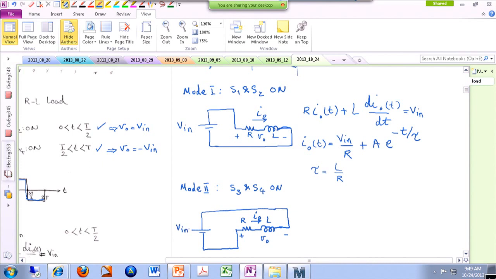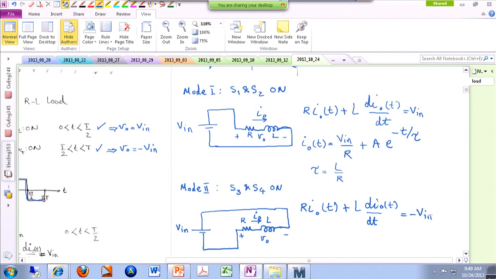So again, if you apply KVL, it's almost the same equation, except that it's negative V in this time.